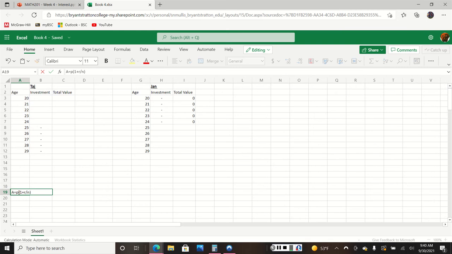And then I'm going to use the caret for the exponent. So that's the equation we're going to use. So the first 5 years for Taj, she is investing $2,000 each year.